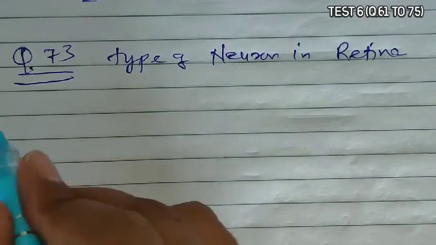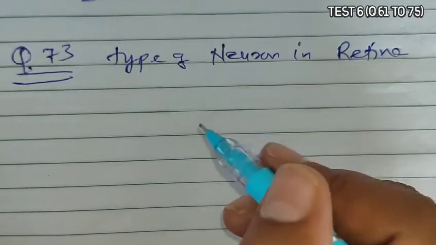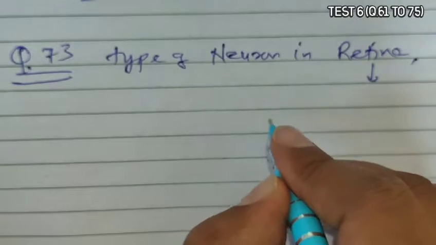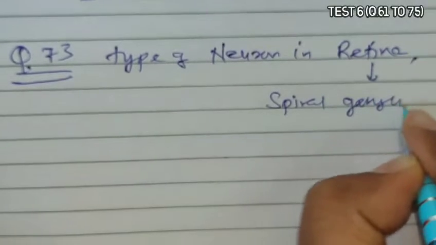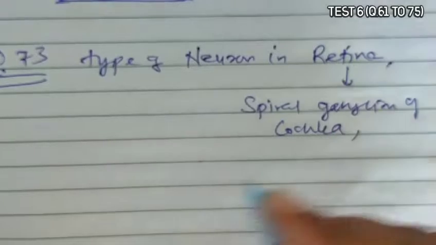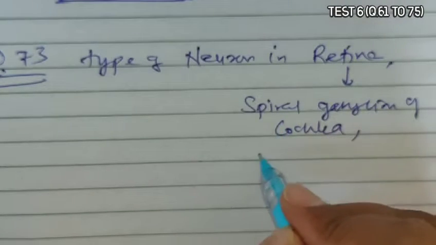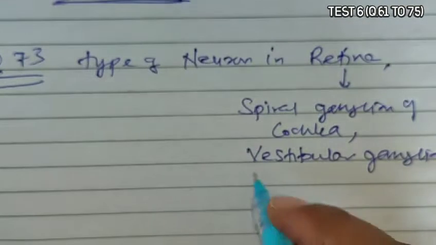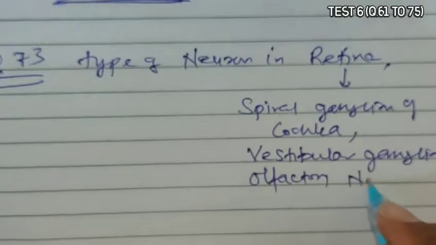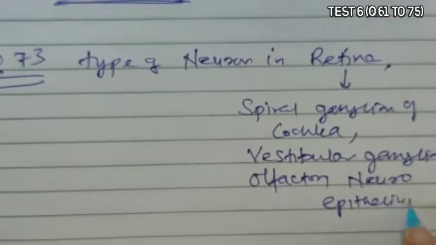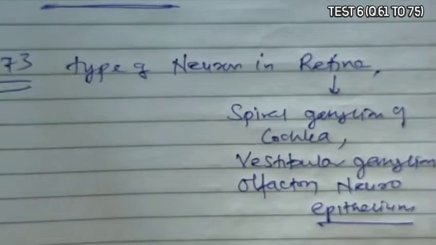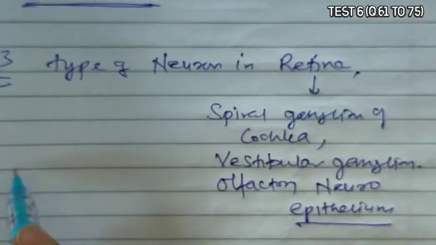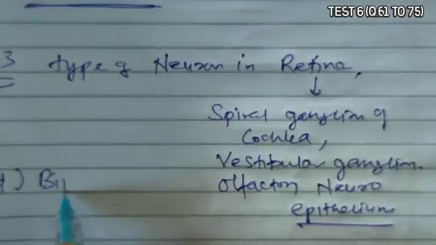Actually, if we talk about retina, along with retina, spiral ganglion of cochlea, vestibular ganglion, and olfactory neural epithelium, here bipolar neurons are found. That is option D.